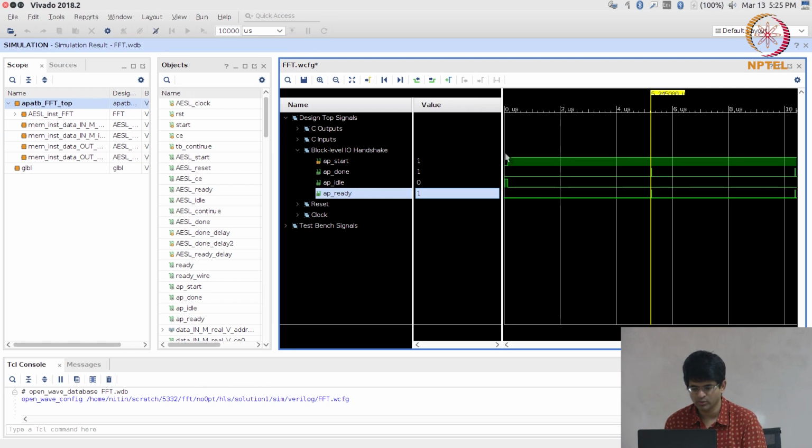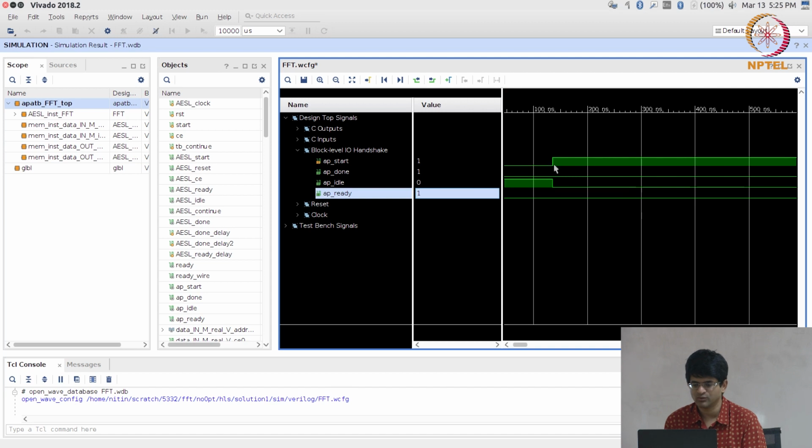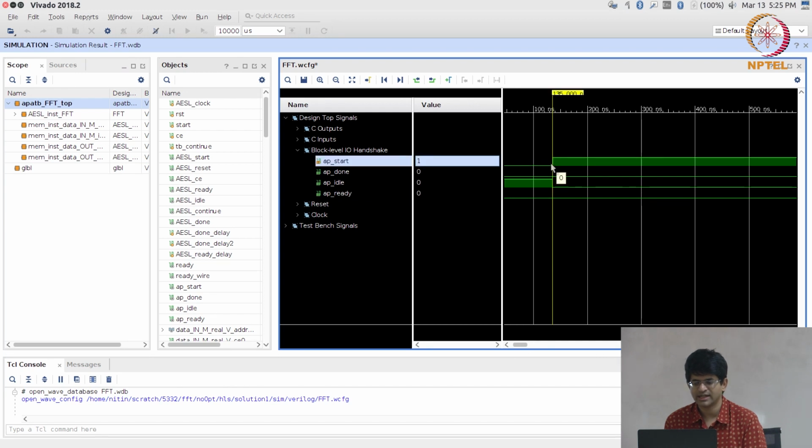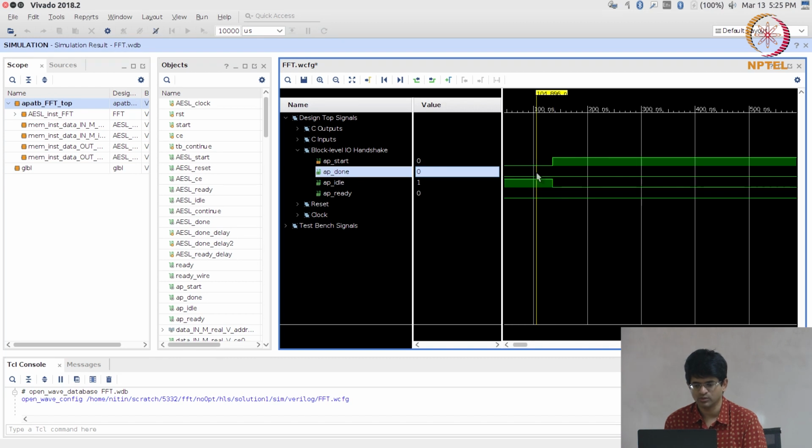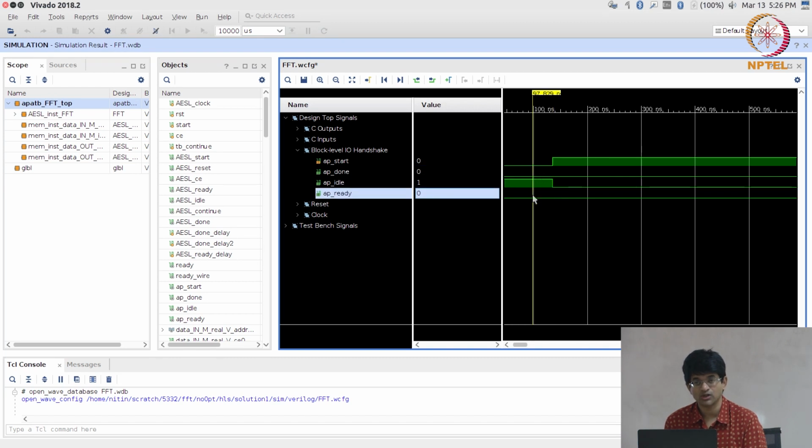So let us zoom in a little bit. On the left hand side we find that soon after the reset has been removed, the start signal goes high. As soon as the start signal goes high, the idle signal goes low, and computation starts. The done signal is low at this point, it is 0, and the ready signal is also 0, meaning that it is not really ready to accept any new data at this point.